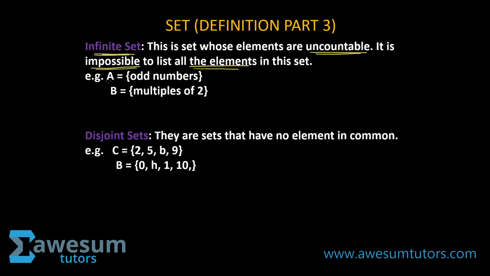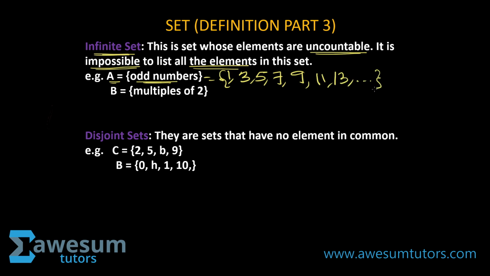Take, for example, you have a set A, which is the set of all odd numbers. As we know, odd numbers are numbers that when divided by 2 will have a remainder, right? So if you want to list the elements, starting from 1, you are going to have 1, 3, 5, 7, 9, 11, 13, and so on and so forth.